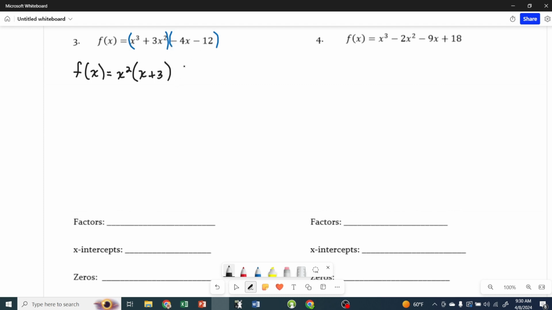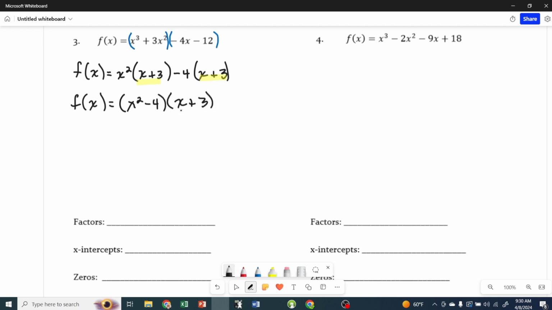Our greatest common factor here is -4. So we factor that out and we get x plus 3. So we know we did it right because we have these identical. So now what we're going to do is rewrite this as f of x is equal to x squared minus 4 times x plus 3.